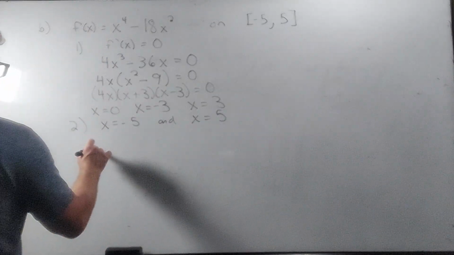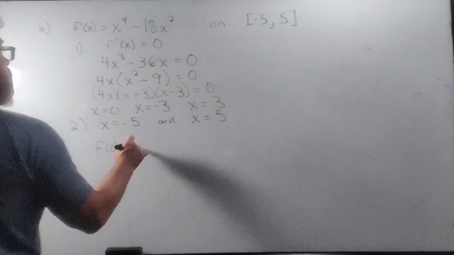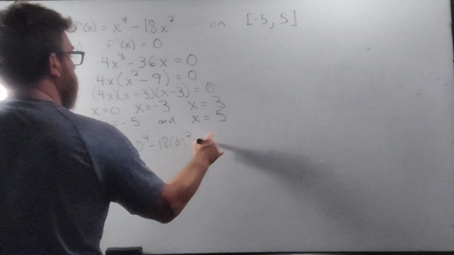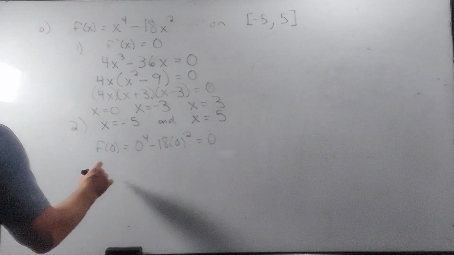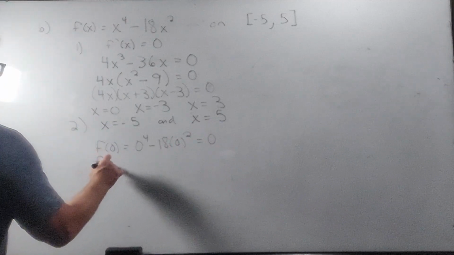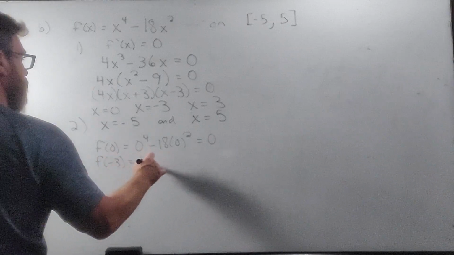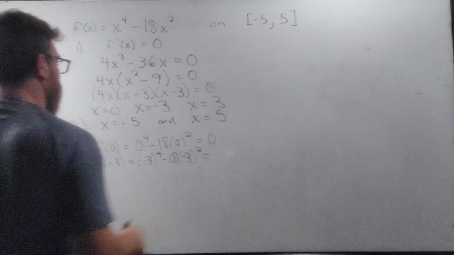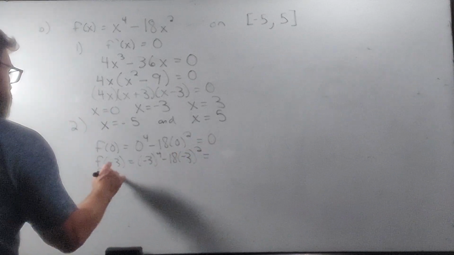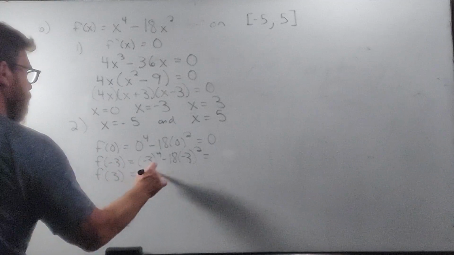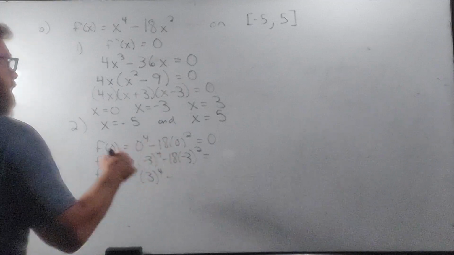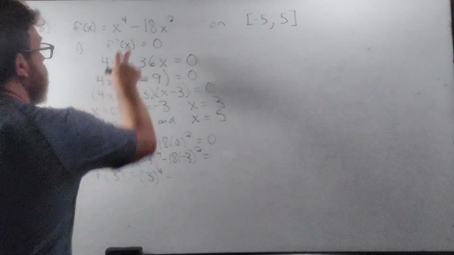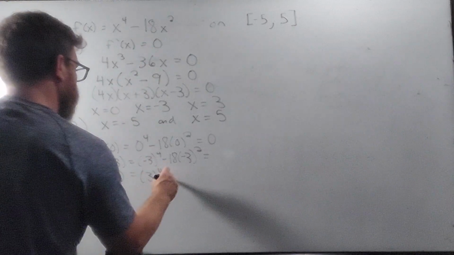So I'll just go in order. What is f of 0? Well, this is going to be 0 to the 4th minus 18 times 0 squared. I've got that one in my head. That's 0. f of -3 is going to be -3 to the 4th minus 18 times -3 squared. I'll determine that in a minute. f of 3. What's nice is since the function's an even function, this will be the same value.